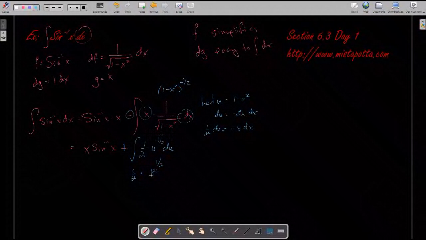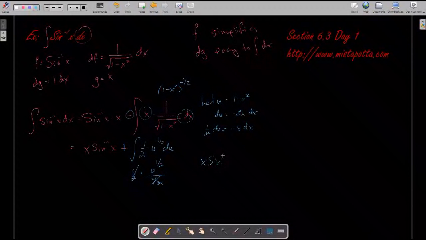Those cancel. That's beautiful. So I end up with x sine inverse x plus u to the 1/2 power. Well, u is 1 minus x squared, plus a constant.